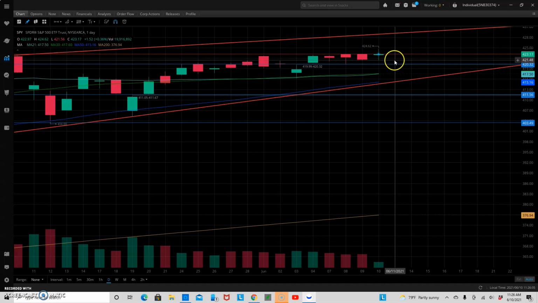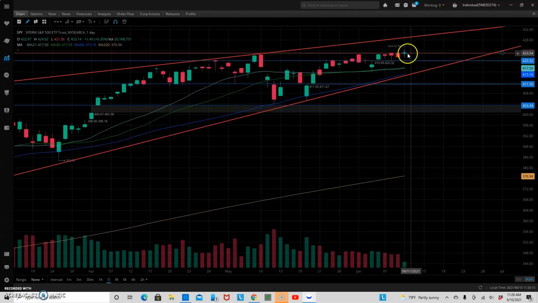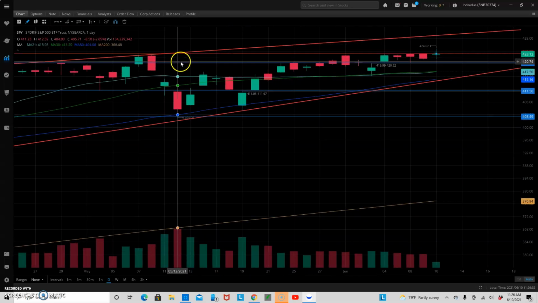And you could see after we hit that new all-time high, we have sold off a little bit, and we are currently right below our resistance point here, which is right around $423 and about 14 cents. That's where I have my line, right around there. Actually, it's about $423 and 25 cents. So you could see here, those were our former all-time highs.